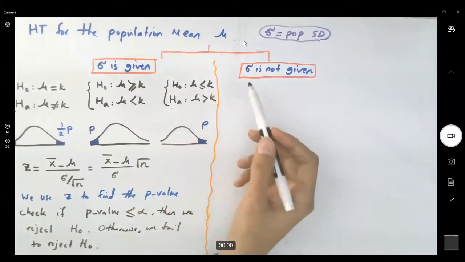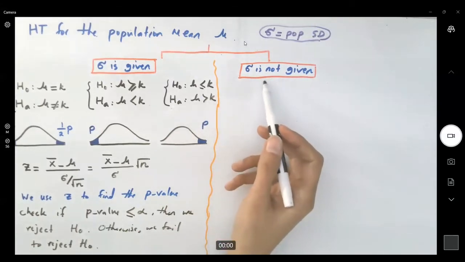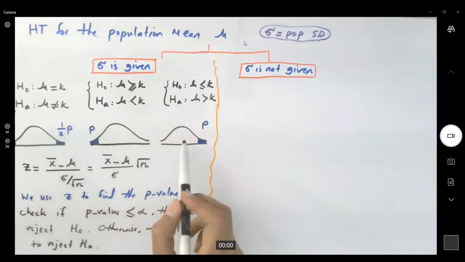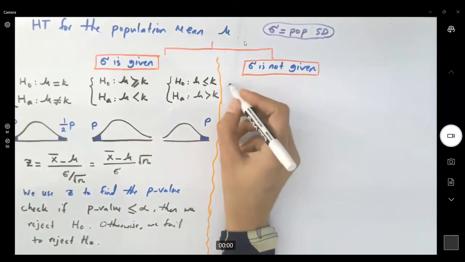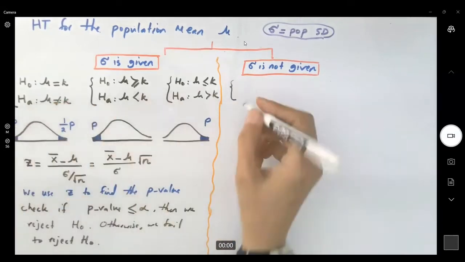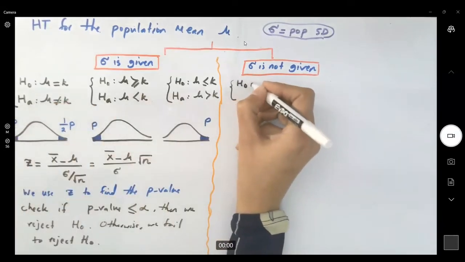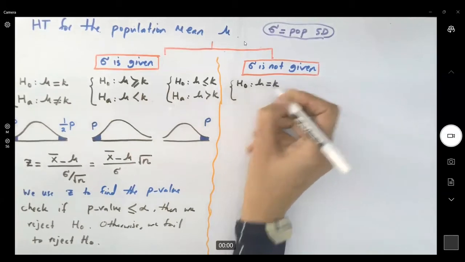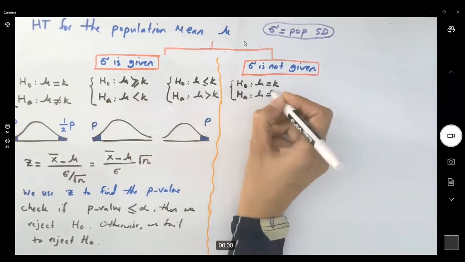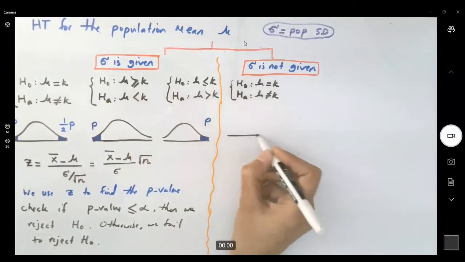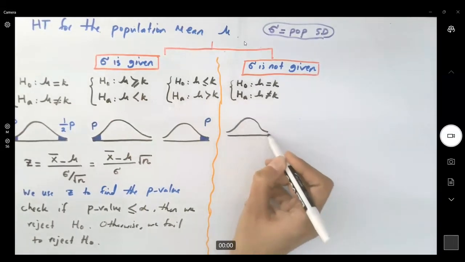Again, if sigma is not given, we are dealing with three different scenarios. The very first scenario is the same process as before. H naught: mu is k, our hypothesis; mu is not equal to k. So in this case, we get a two-tailed graph.